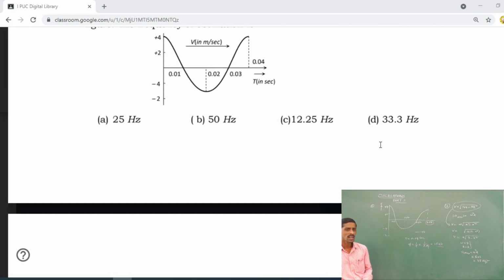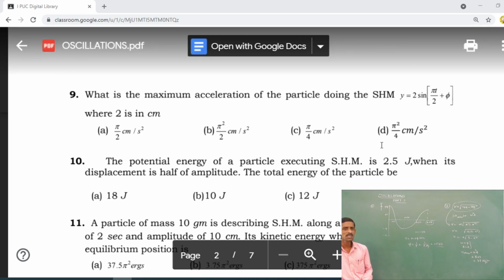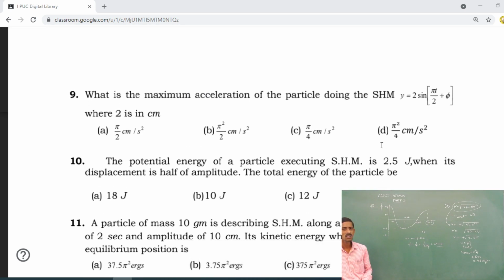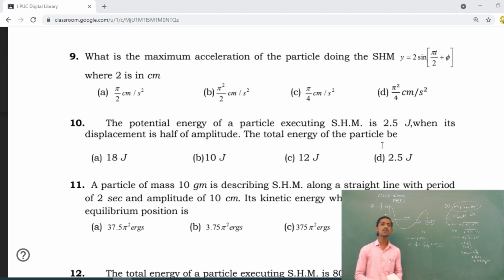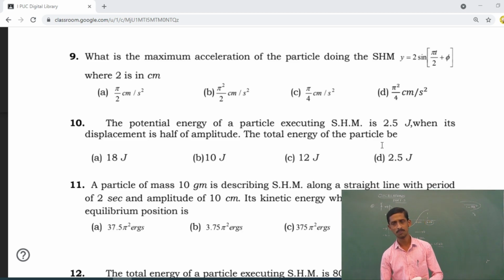Question number 9. What is the maximum acceleration of the particle doing the SHM? Y is equal to 2 sine of pi by 2 into t plus pi, where y is in centimeter, amplitude 2 centimeter.